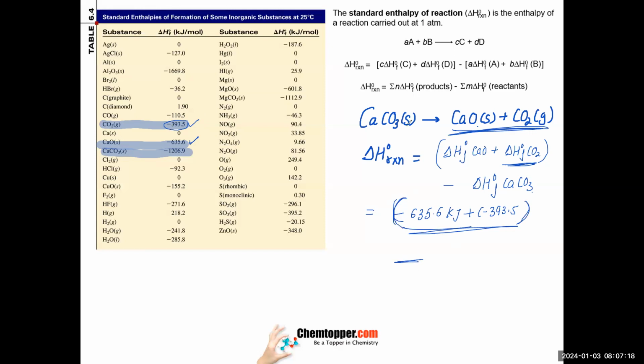Minus the reactant, as in this equation, and the reactant is CaCO3. So minus minus 1206.9. The units are kilojoules per mole, so all these are in kilojoules. Can you solve it? What's the answer? Is it endothermic or exothermic?